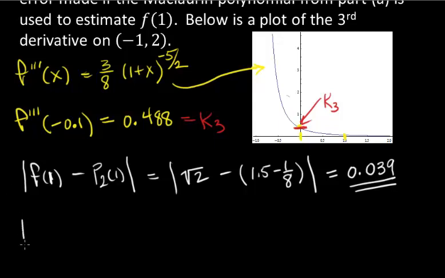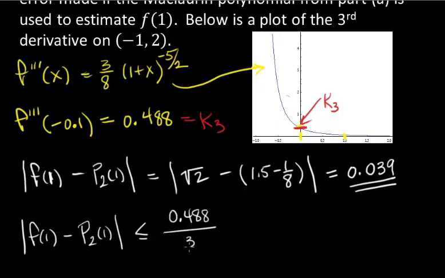We would find out that the absolute value of the difference between the functional value and the polynomial would be less than 0.488 over 3 factorial times the difference between 1 and 0, so that's 1 cubed, 1, and that is equal to 0.08.